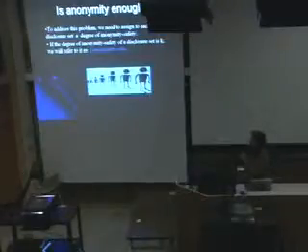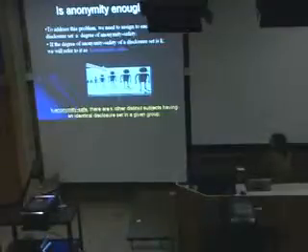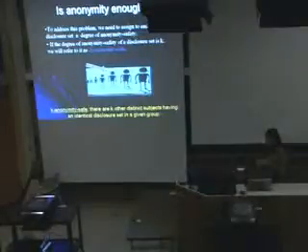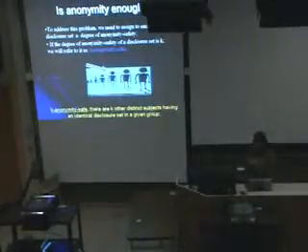So the idea is to have at least k other subjects in a given group that do have the same disclosure set. So we have a disclosure set, and we want to be sure that every time this disclosure set is released, there are other subjects which have exactly the same disclosure set with the same values, and this satisfies our notion of k-anonymity safety.